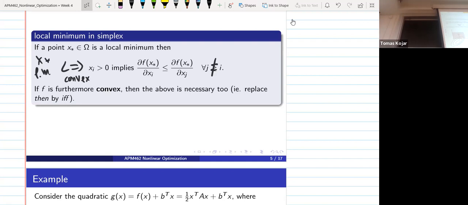So you have to check first of all, can it all be decided from zero? Is that a minimum or a maximum?